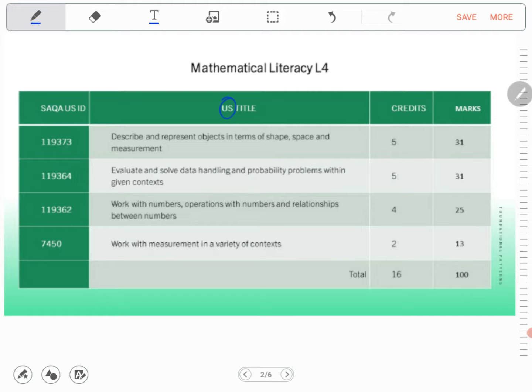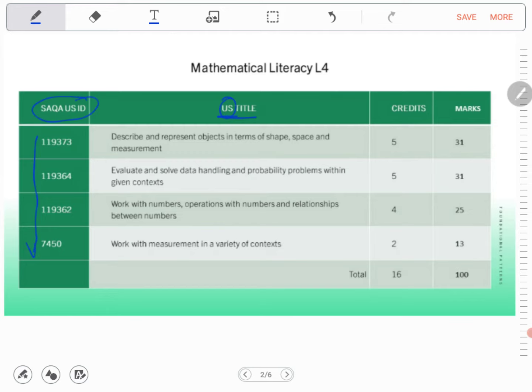In this case, we have the unit standard ID, which is registered with SAQA, the South African Qualifications Authority, and these are the unit standard ID numbers. And so our topics are found in the unit standard title.